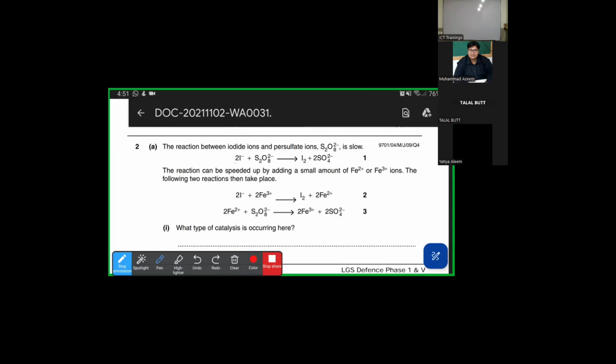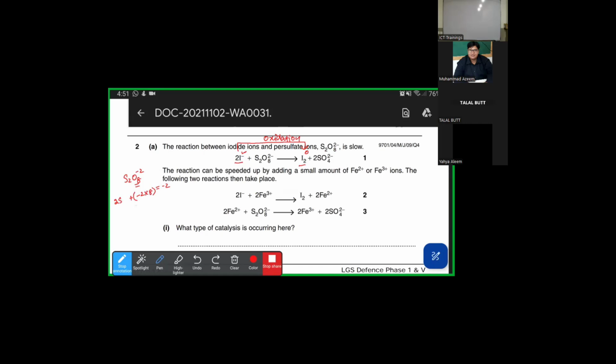If you see, this is iodide minus, it is going to change into I2, 0. So minus 1 to 0, that is actually oxidation. This is the oxidation. Okay, and if you see S2O8 minus 2, that is equal to minus 2. Oxygen valency is minus 2 times 8, and the sulfur one you have to calculate.